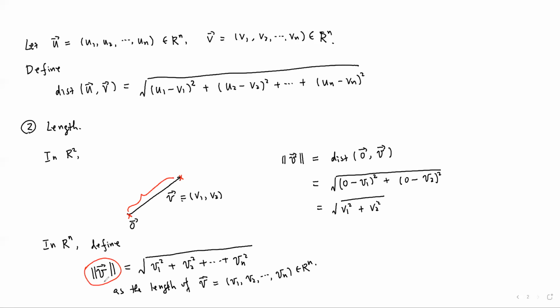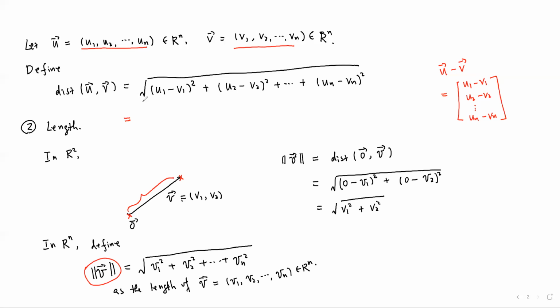This notation means the length of vector V. By the length notation, we can write the distance formula as follows. Vector U minus vector V is equal to U1 minus V1, U2 minus V2, up to Un minus Vn, right? The difference of two vectors.